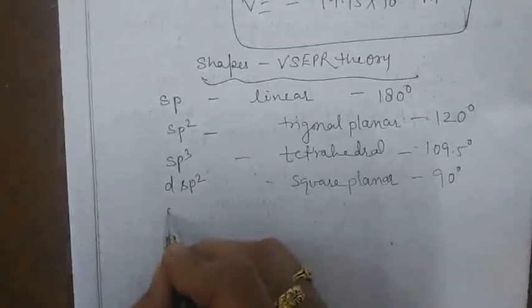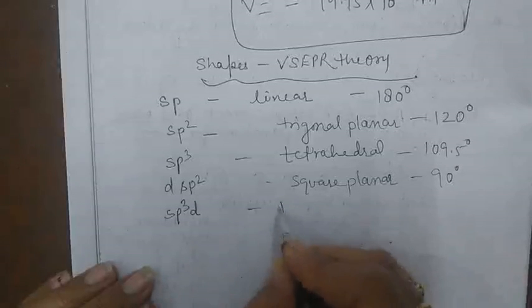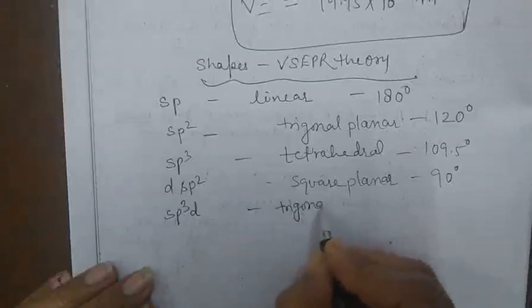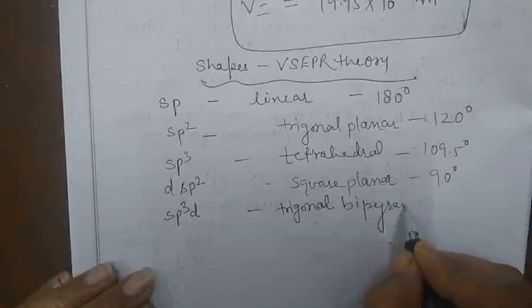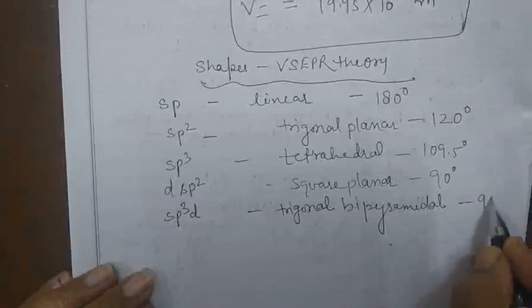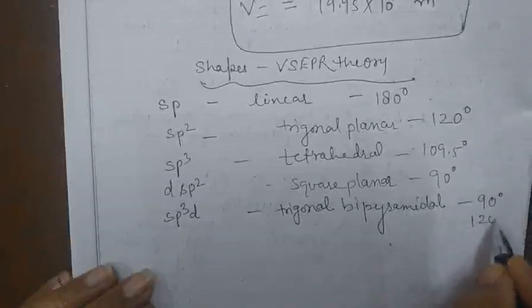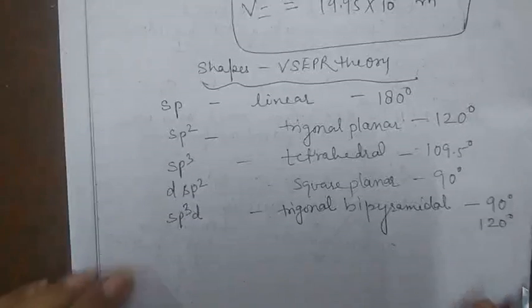And in case of sp3d, the shape is trigonal bipyramidal, and the angle is 90 degree as well as 120 degree.